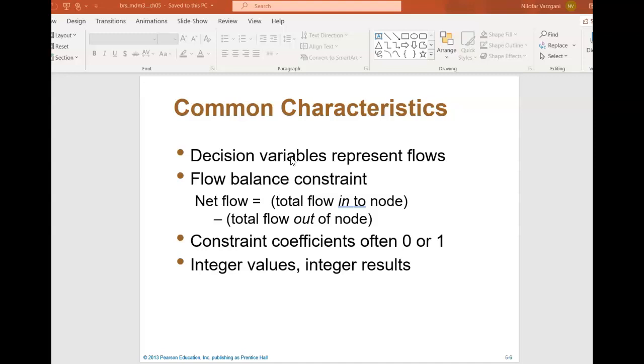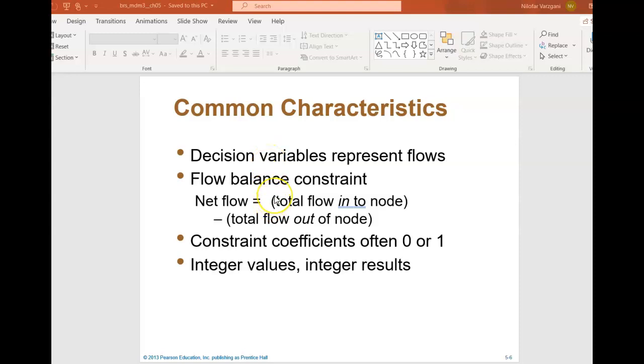So if you have a bidirectional arc in your network diagram, you might have to include two decision variables in order to account for that arc, because one decision variable is going to cover one direction of flow and the other is going to cover the reverse.